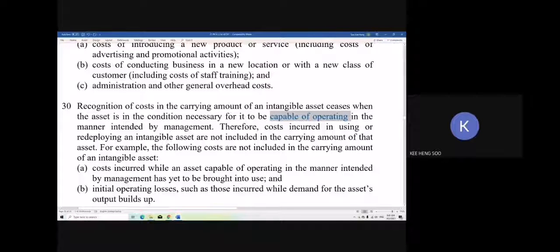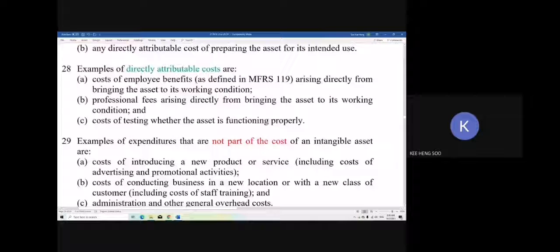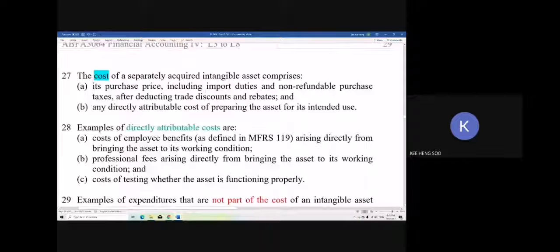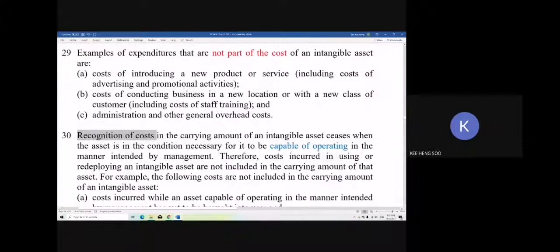When the asset is in the condition necessary for use, you add all the cost: employee benefit, purchase price, import duty, you add everything, until the day this machine starts operating. Then you stop. Cease means stop recognition, when you start using the machine.